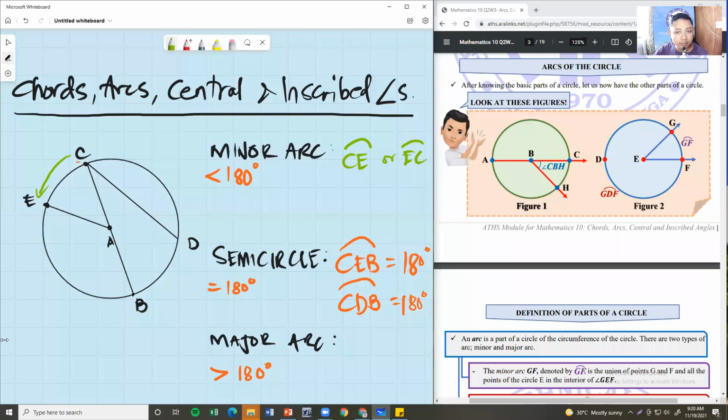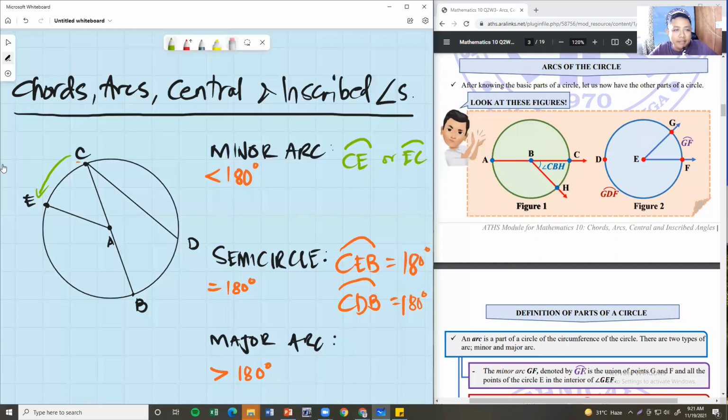For example, arc BD. Arc CE. That's how you name it. And it should always be capital. Okay? Let's see. Type your answers in the chat box, please. Name other minor arcs in this figure.